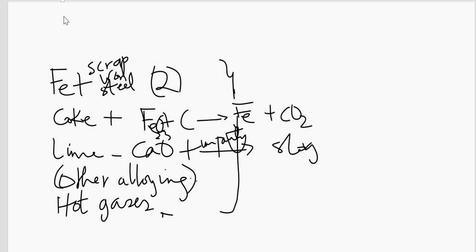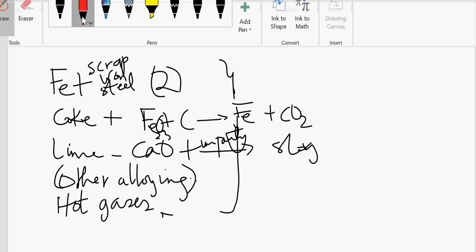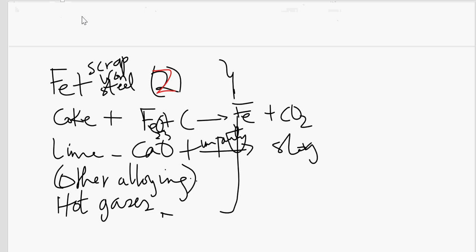So you need 2 tons of iron, 1 ton of coke, 2 plus 1 plus half ton of limestone plus 3.5 tons of what? Hot gases to produce.